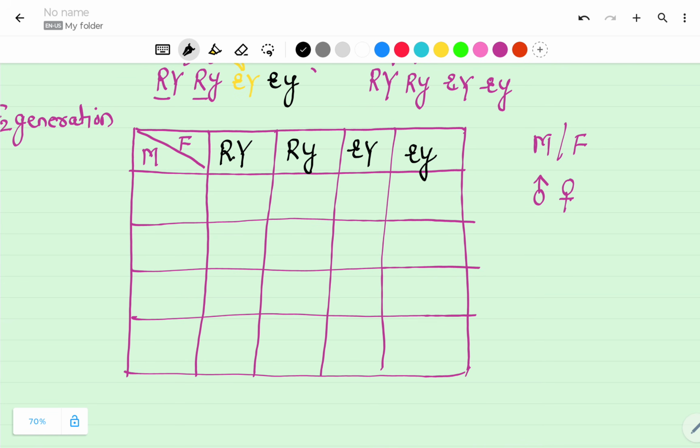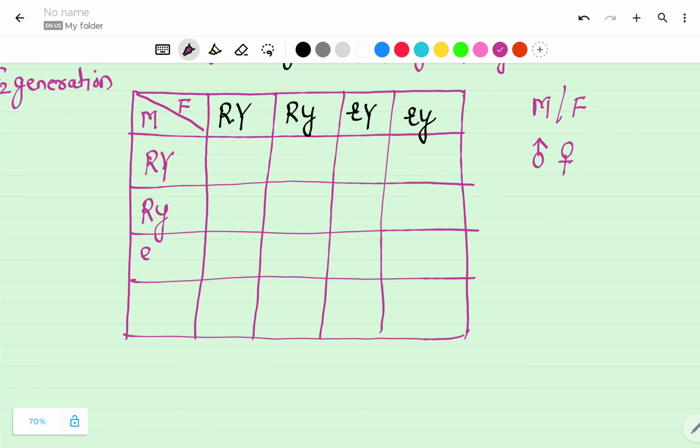Now the same letters we are repeating here, that is capital R, capital Y, capital R, small y, small r, capital Y, small r, small y. Now we are crossing this square.